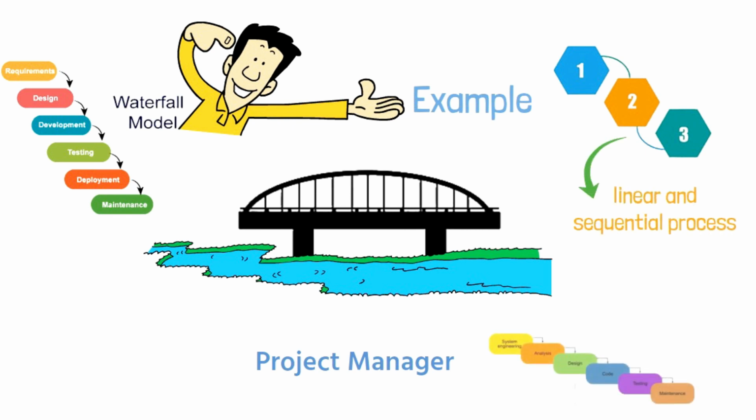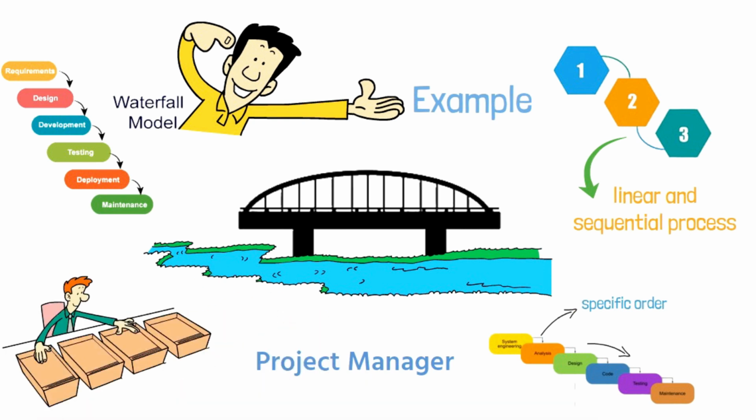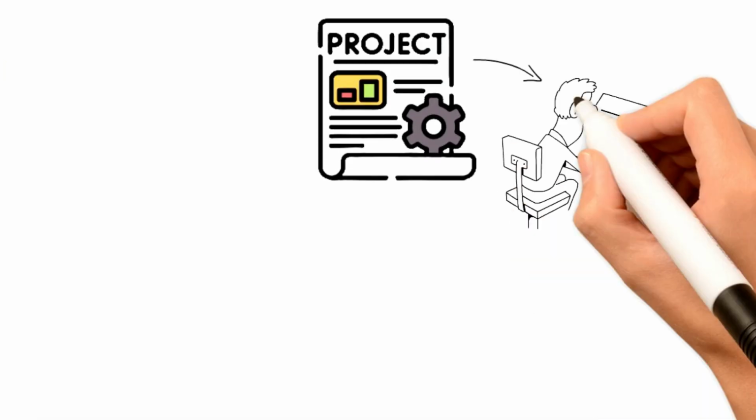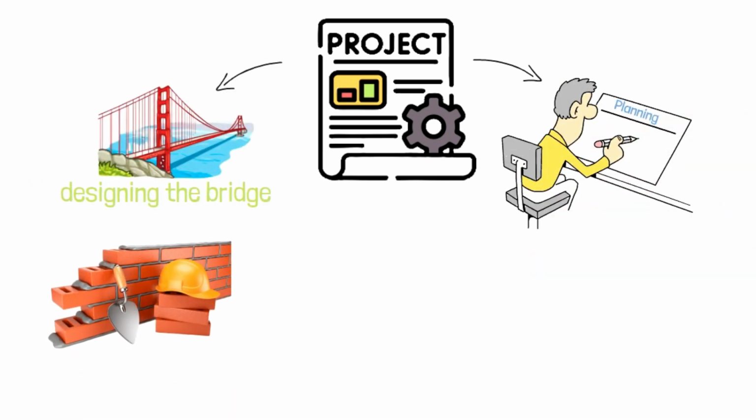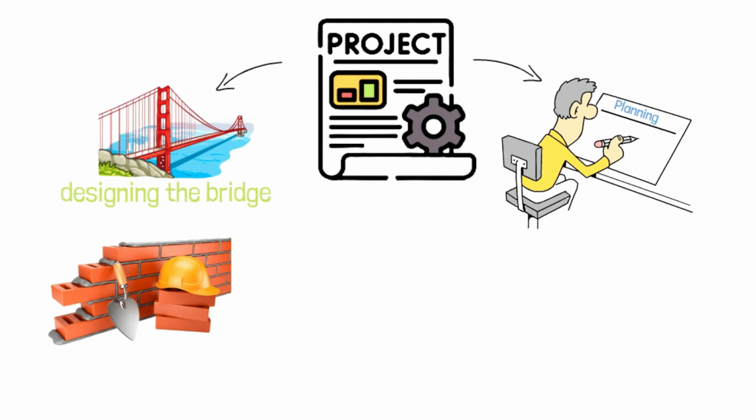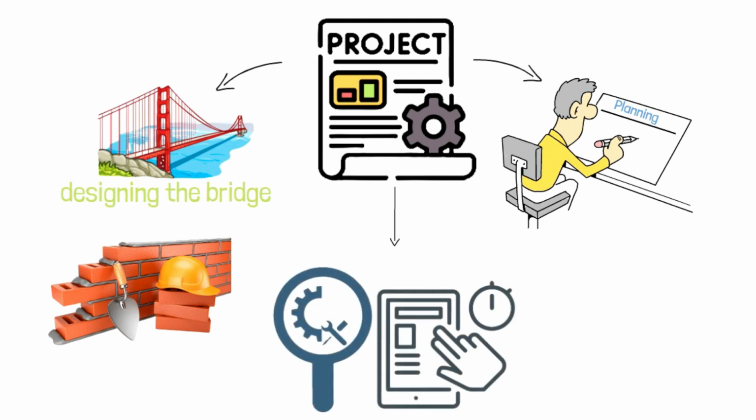This means that each stage of the project is completed in a specific order, and the next stage cannot begin until the previous stage is finished. For example, the project would start with planning and designing the bridge, followed by procuring materials, constructing the foundation, building the superstructure, and finally finishing with testing and commissioning of the bridge.